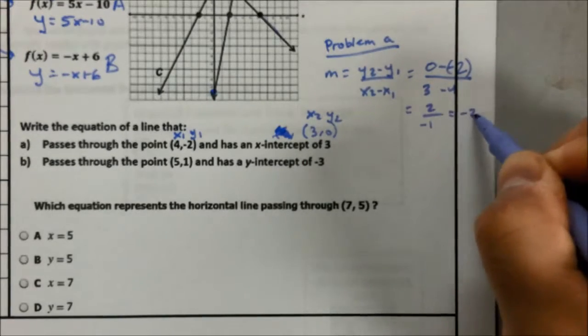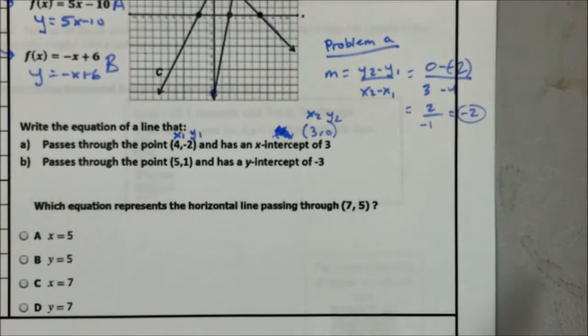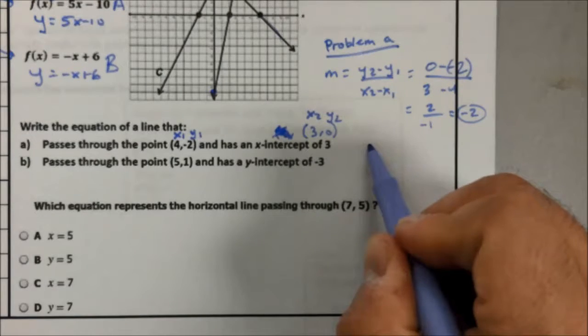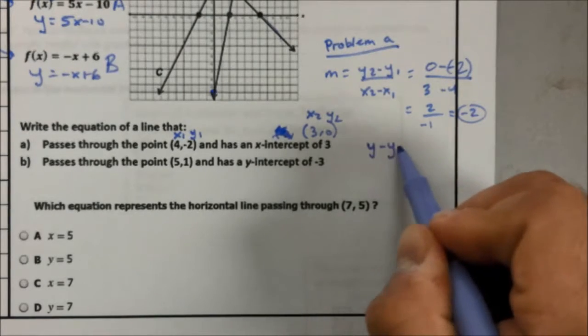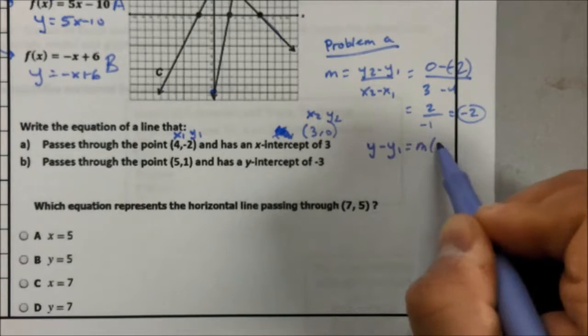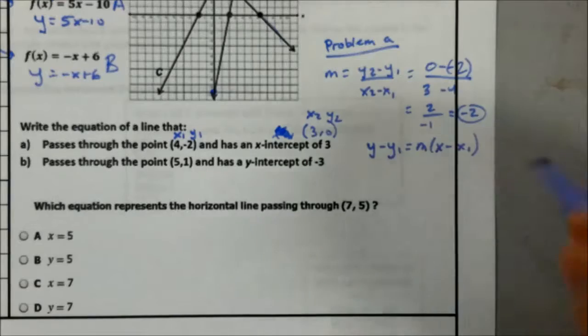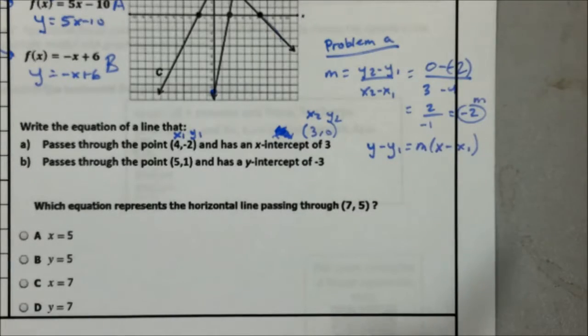So we have a slope of negative 2. I am then going to use my point-slope formula, which is y minus y1 equals m times parentheses x minus x1. This is my slope, m, so I'm going to use that with any one of these 2 points to get my equation.